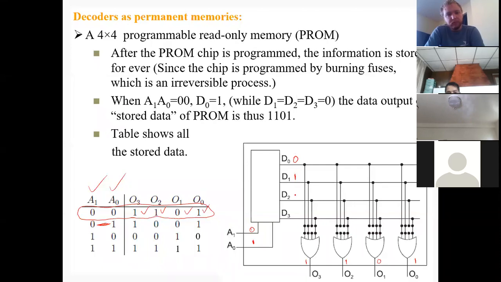This is 1. This is 0. This is 0, right? Now, what happens here? The output of O3 would be 1. Okay, so this is 0. This is 1, 1.